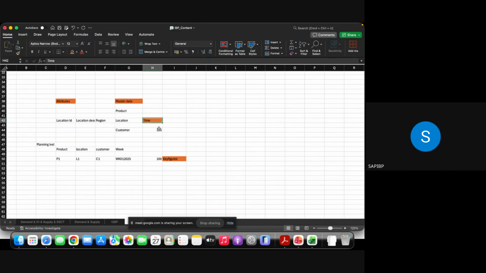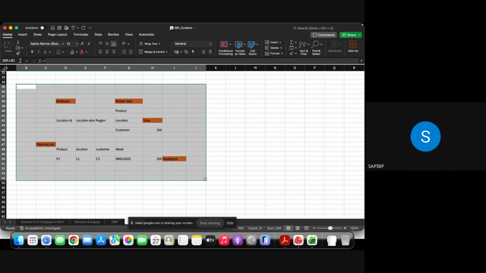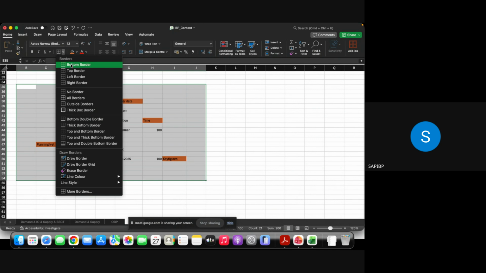With the help of the attributes and the time, you define a planning level. Against the planning level, you define your transactional data under the key figures, right? To keep your master data and transactional data, all those things are required. So this is called a planning model.